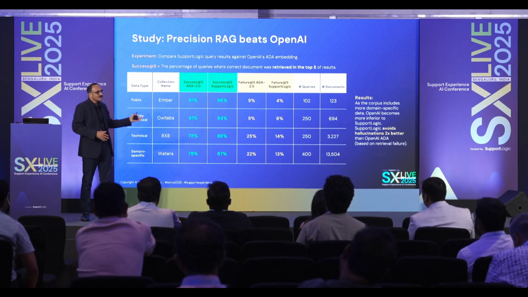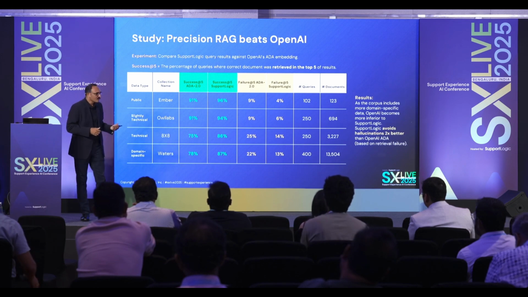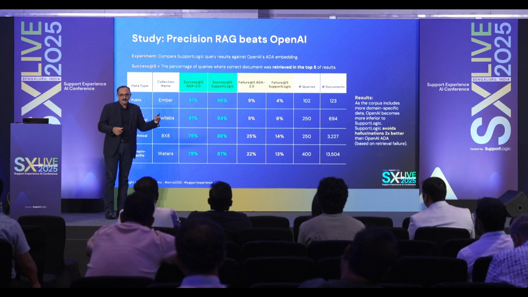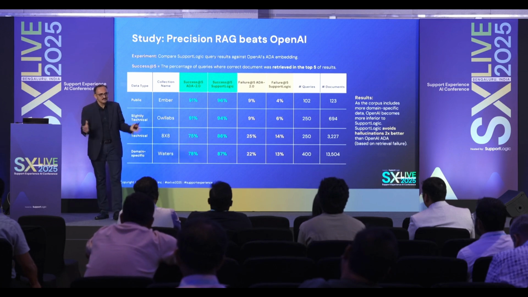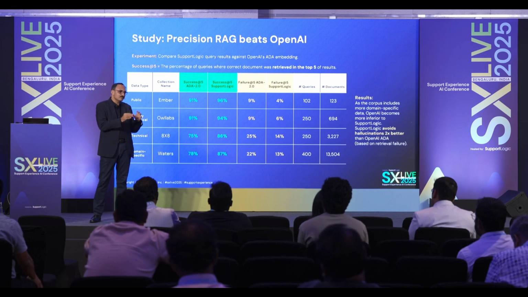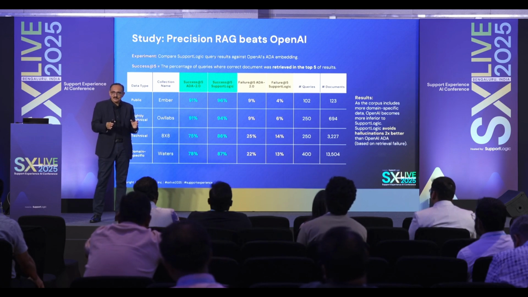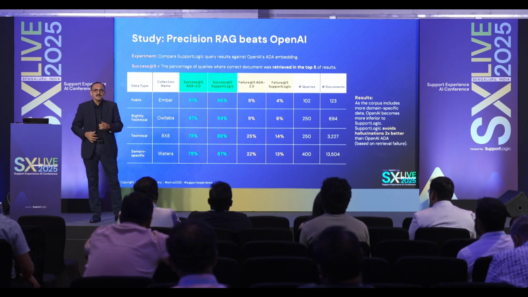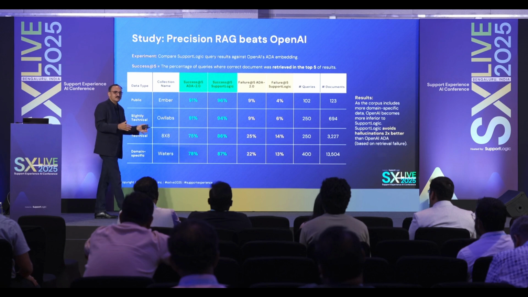As we ran our engines against them, what we realized is that the more complex and technical your problem statement or product is, and you use precision RAG, the efficiency goes up by 25%.